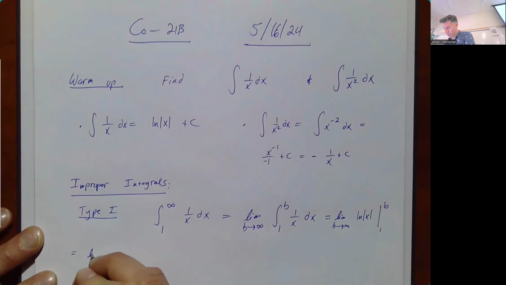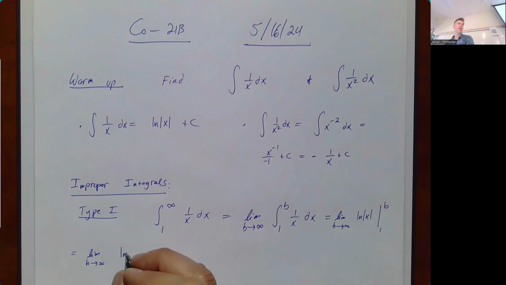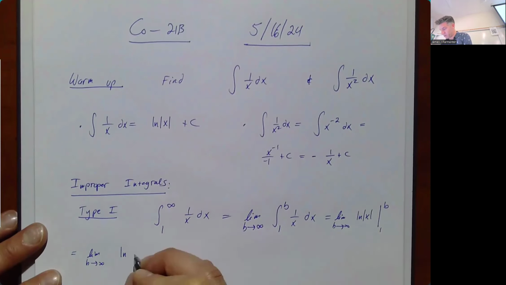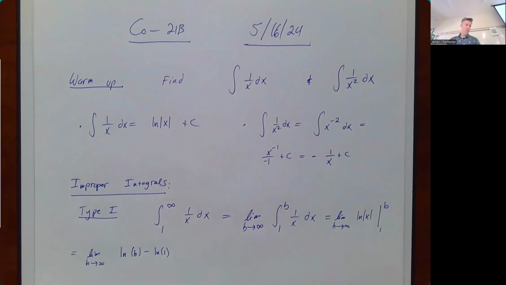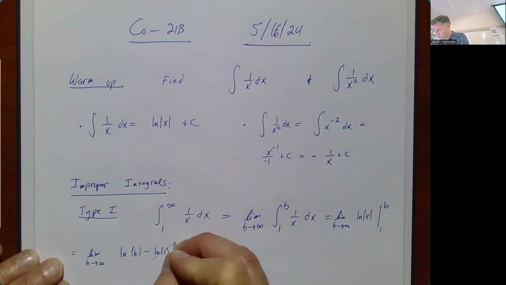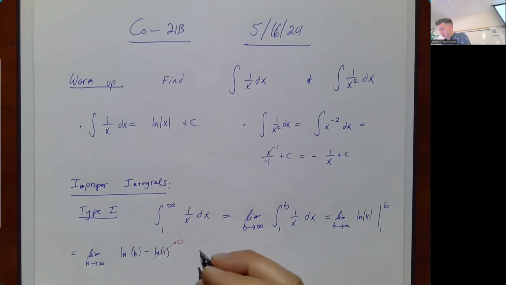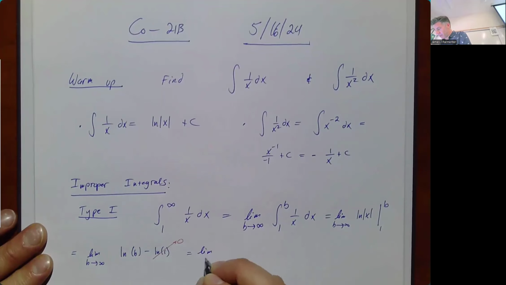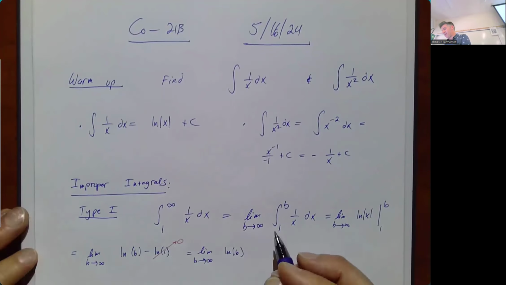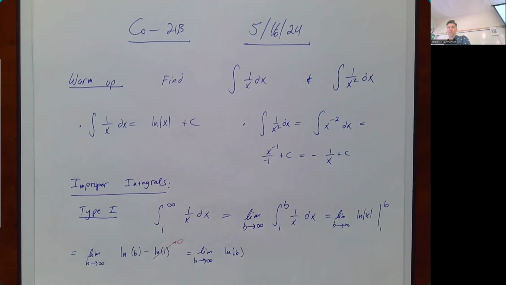So we have the limit as B goes to infinity of the natural log of the absolute value of B, although you don't really need the absolute value here because B is positive. It's going to infinity, minus the natural log of 1. And we don't really need to say this, but we might as well point out the natural log of 1 is 0. So then we end up getting the limit as B goes to infinity of the natural log of B. And then I don't really want to write natural log of infinity.